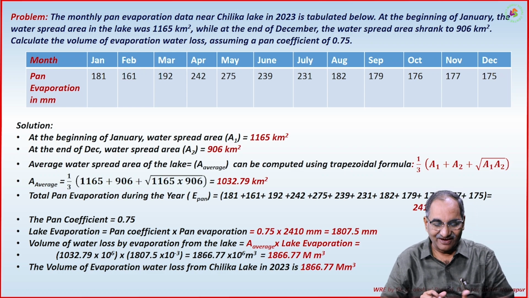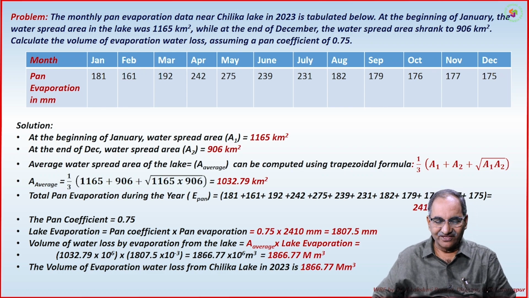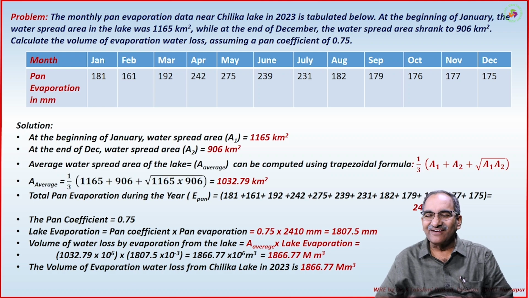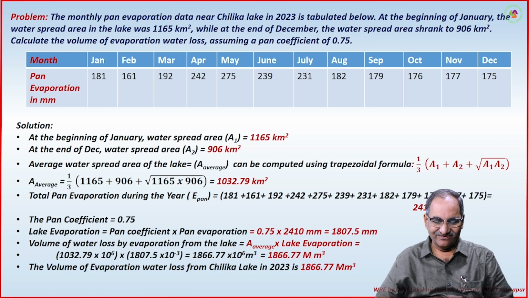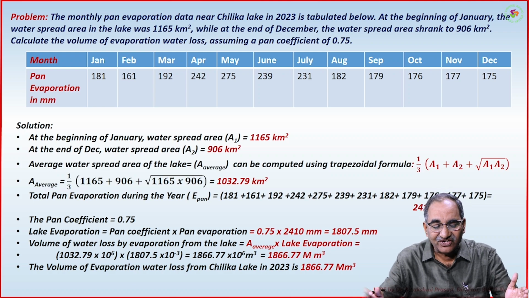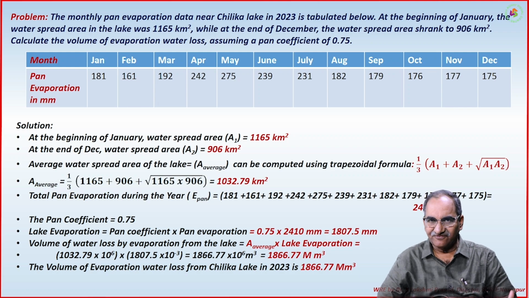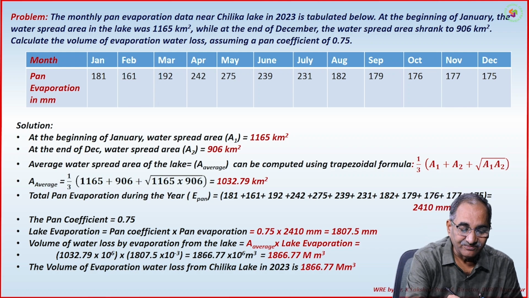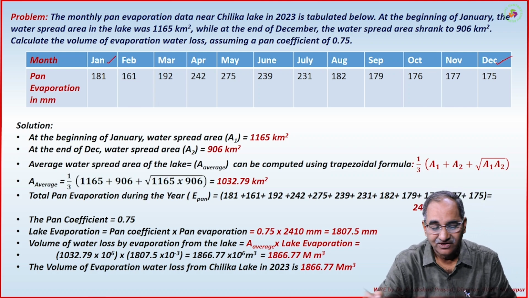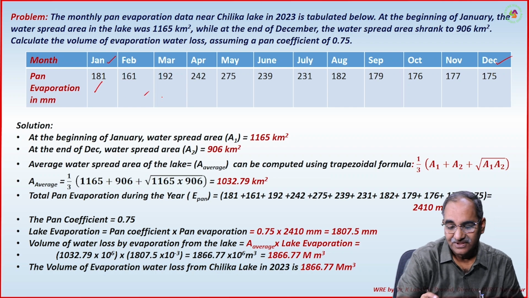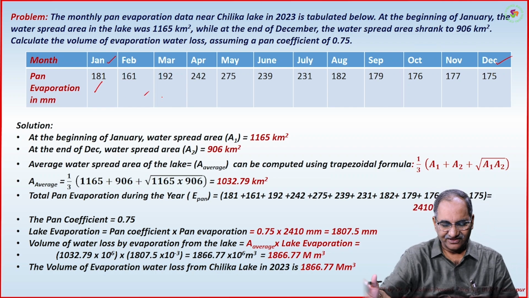Calculate the volume of evaporation water loss, assuming the pan coefficient as 0.75. So the pan evaporation data is with us for that 1 year, starting from January to December, in mm.